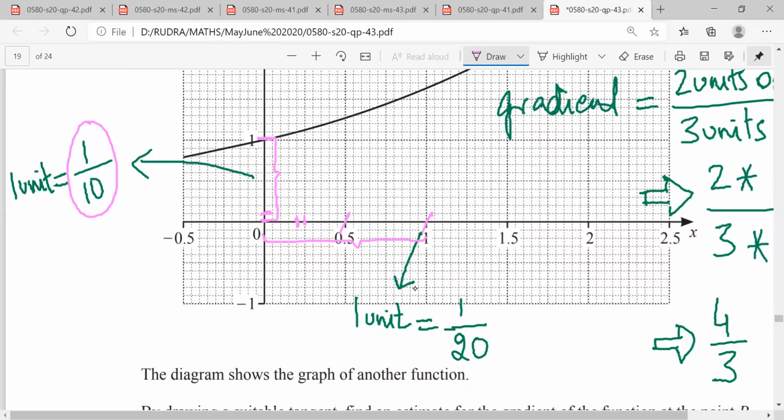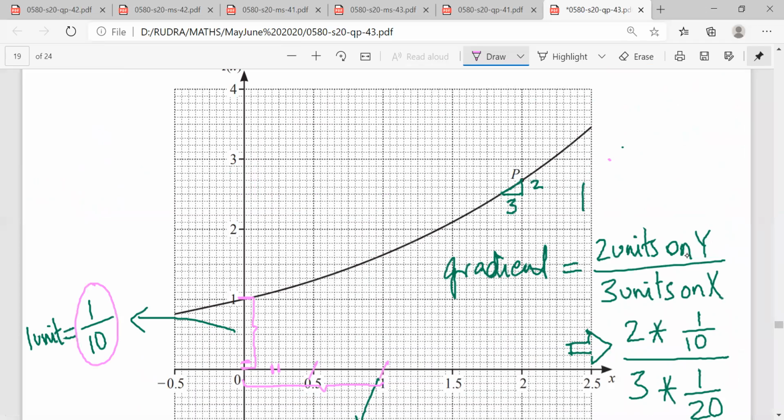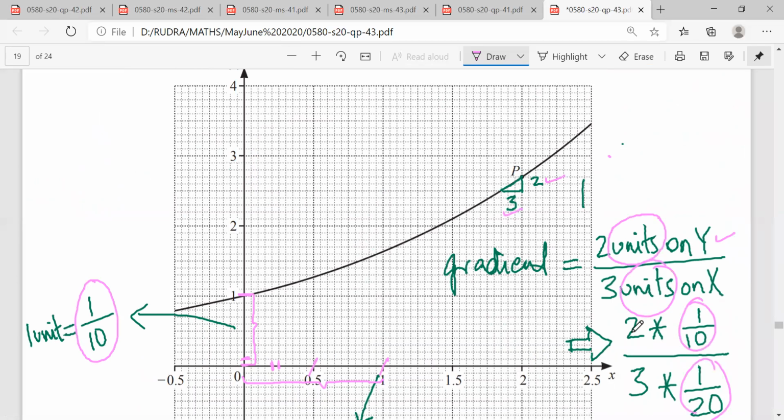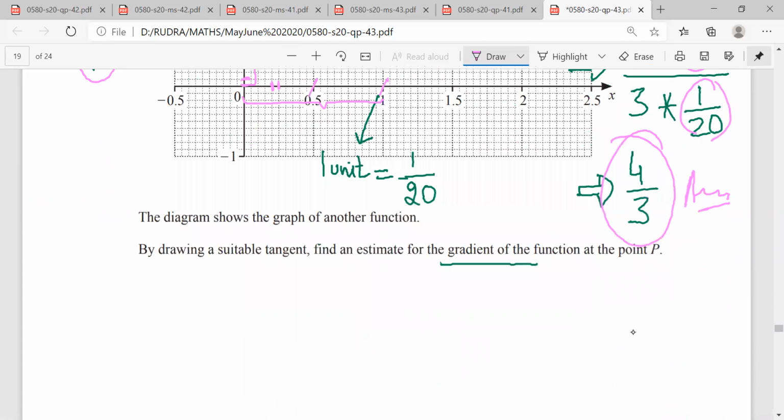So when I have to find the gradient, what I need to take care of is that when I say 2 units on y and 3 units on x, here 1 unit is 1 by 10 and here 1 unit is 1 by 20. So is there any doubt? No, sir. So finally the answer would be 4 by 3. Mr. Rudra, any doubt? No, sir.